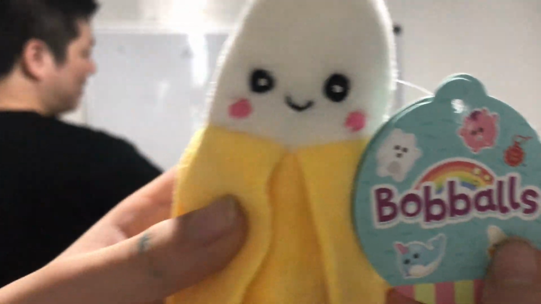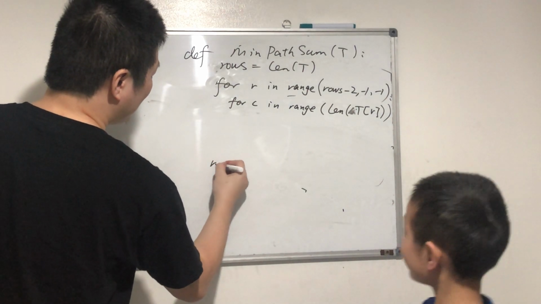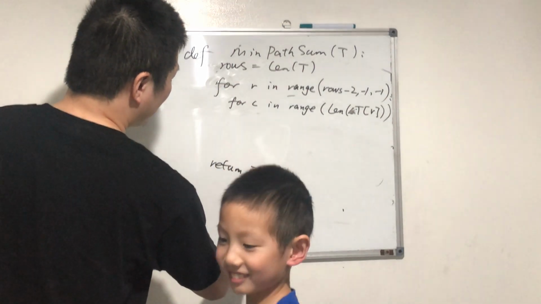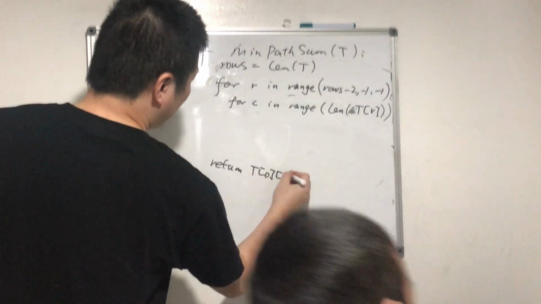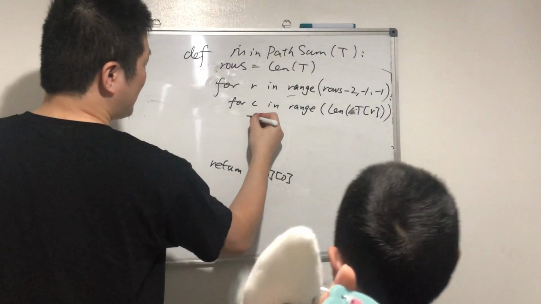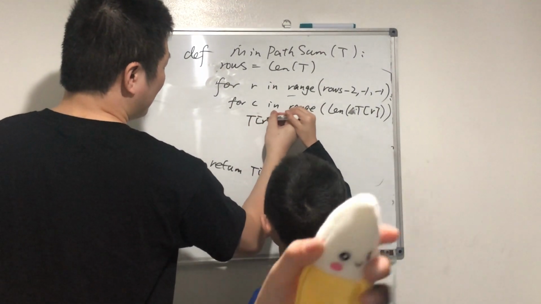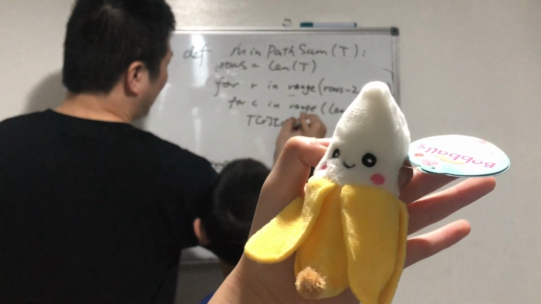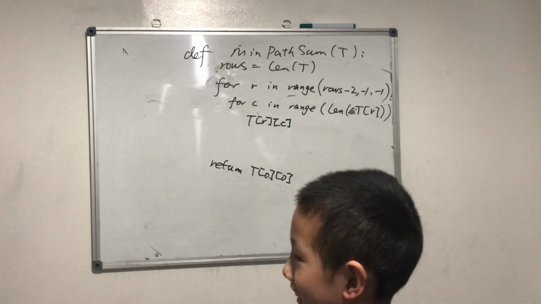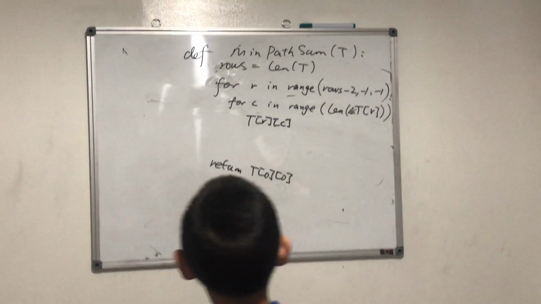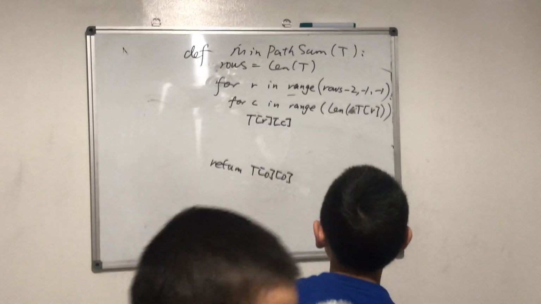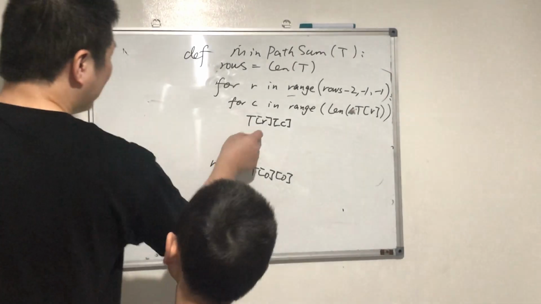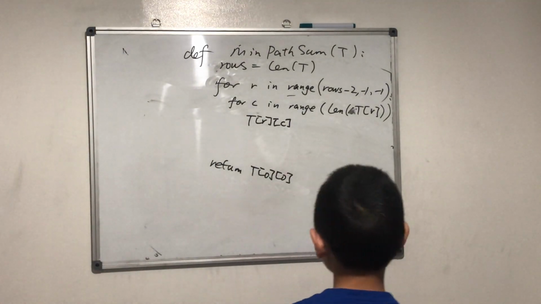Be here. Return T 0 0. I write this for you, okay? T R C, we want to update the value in T R C. So what does it equal?